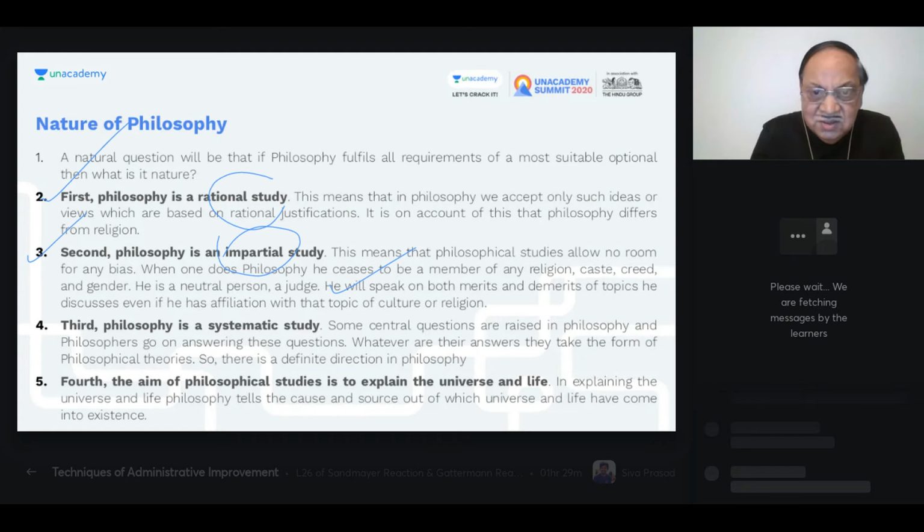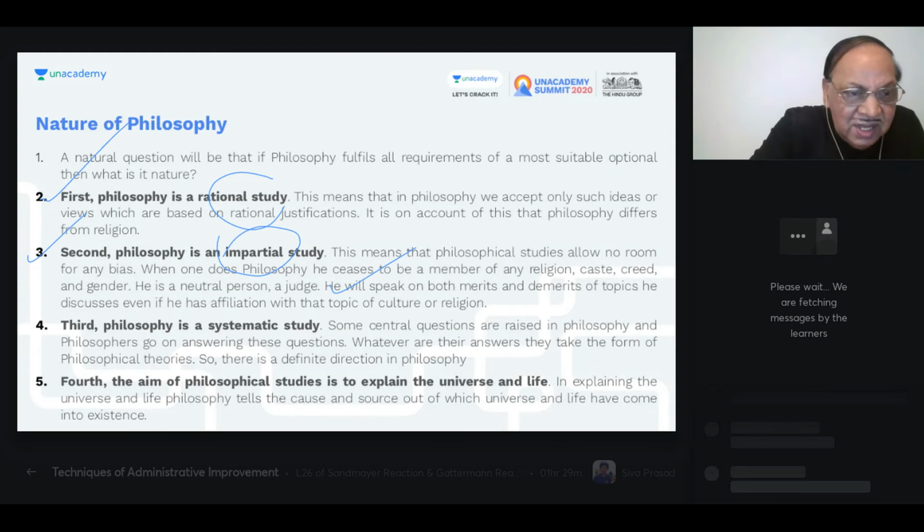A judge is a neutral person. He gives judgment without considering caste, creed, religion, this and that. That is precisely what you will be doing when you talk on any topic from the point of view of philosophy.